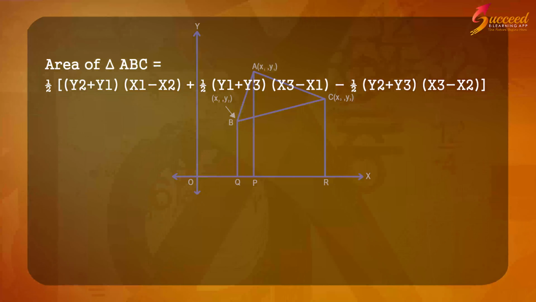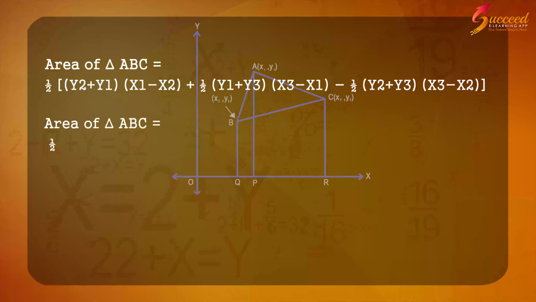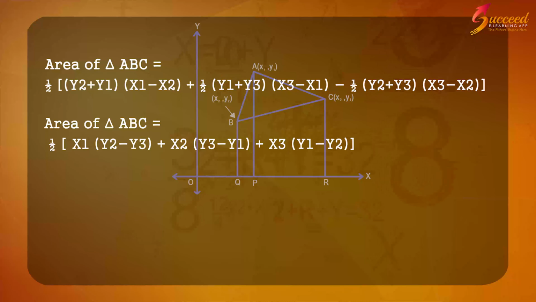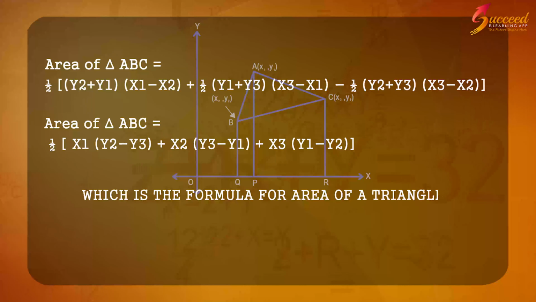By further simplifying the equation, area of triangle ABC will be 1/2 into [x1(y2 minus y3) plus x2(y3 minus y1) plus x3(y1 minus y2)], which is the formula for finding area of a triangle.